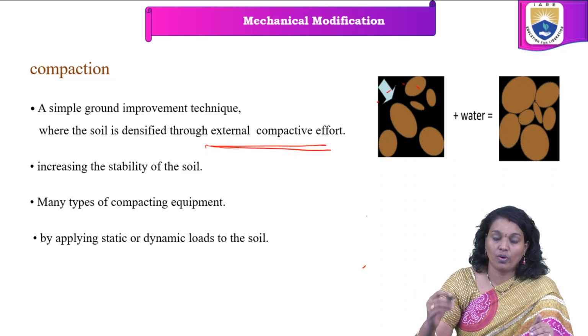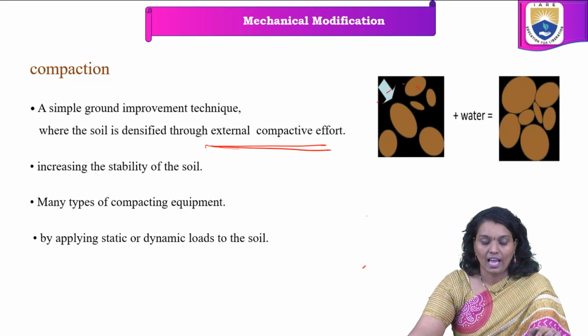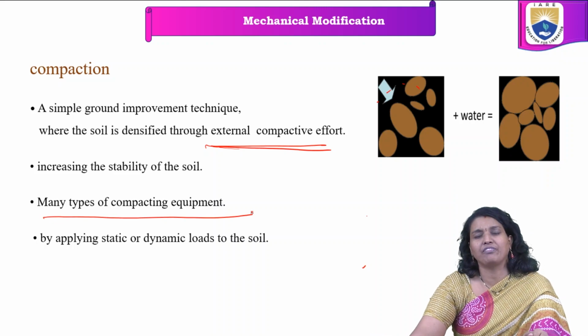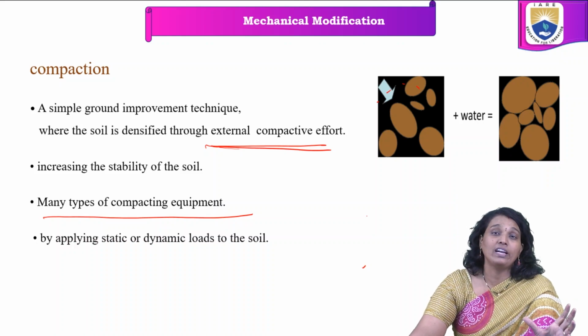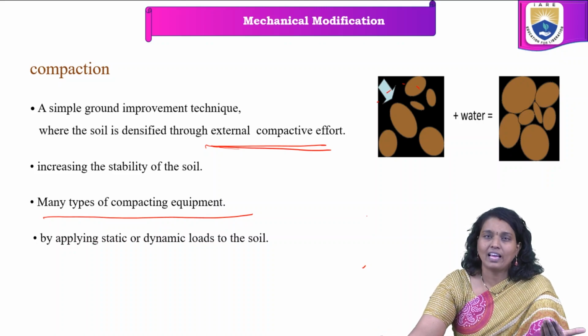Whenever we compact, it increases the stability of the soil. We choose among many different types of equipment depending upon the requirement and the quality of the soil, and what we require is going to be analyzed.